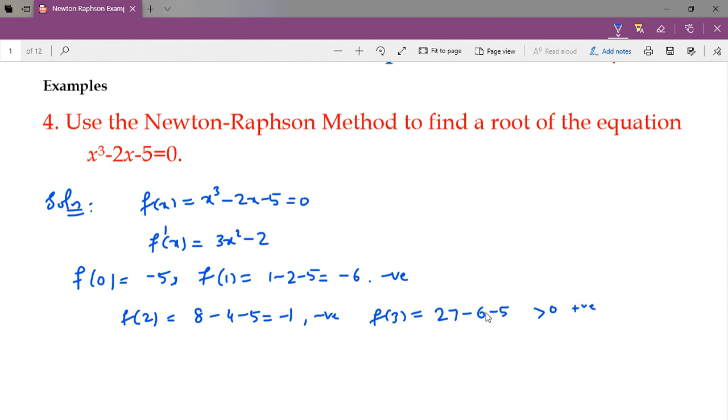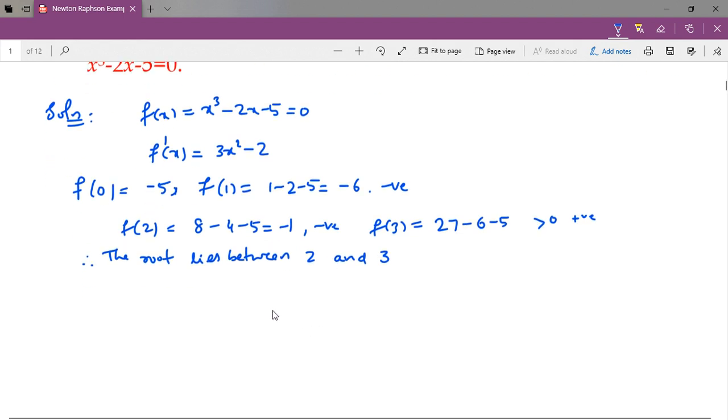Therefore, we can conclude that the root lies between 2 and 3. Now we know where the root lies. It lies between 2 and 3, and by Newton-Raphson formula.